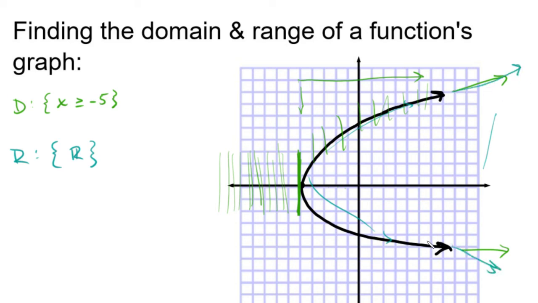It doesn't quite look like it, but look, it is making downward progress and it'll continue to do so. So since the graph goes down forever and the graph goes up forever and there's no gaps in the middle, that means every y value is going to eventually get crossed. All right, that's another way to think about it. If it's going up forever and down forever and no gaps, then the range is all real numbers.